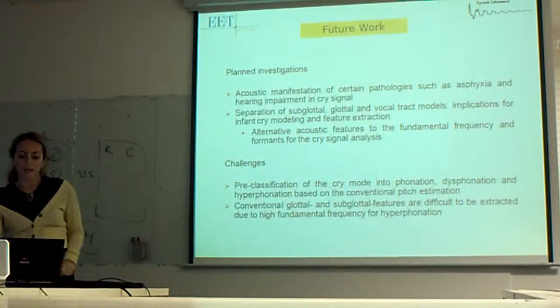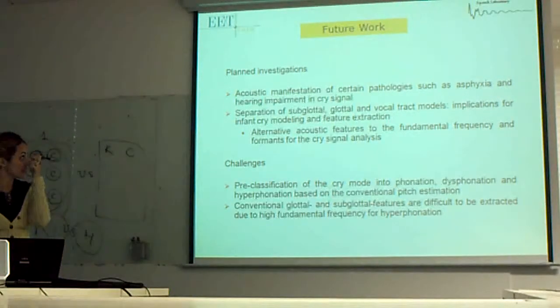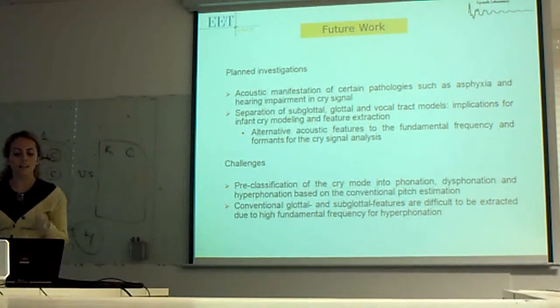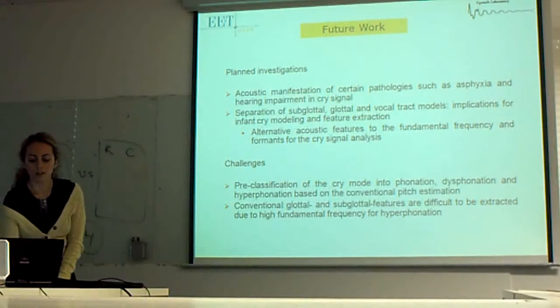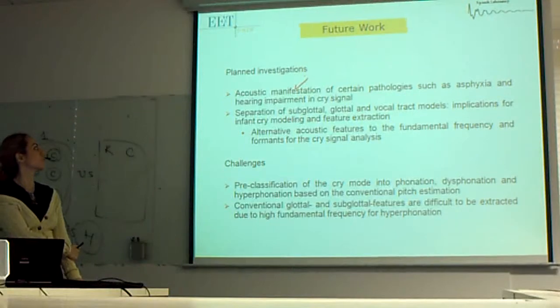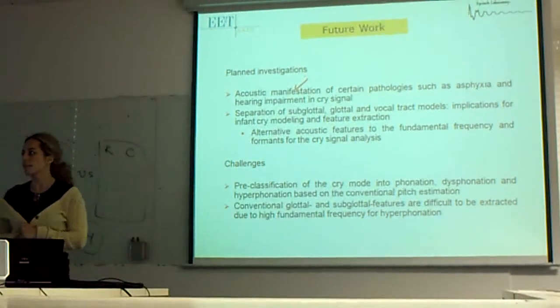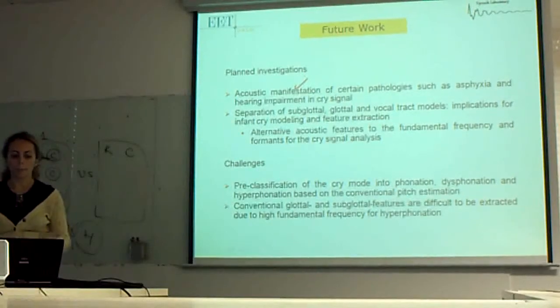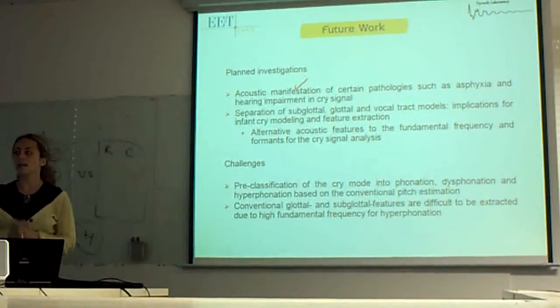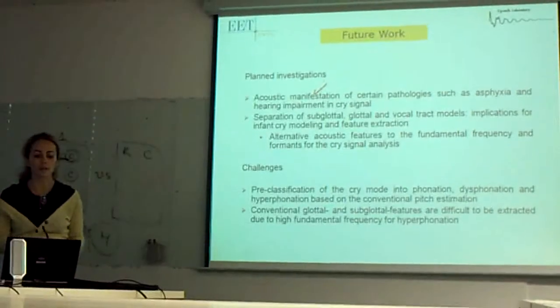But if we want to see what could be done, first we need to see how the acoustic manifestation of certain pathologies such as asphyxia and hearing impairment exists in the cry signal, and how we can correlate that to the anatomical abnormalities.